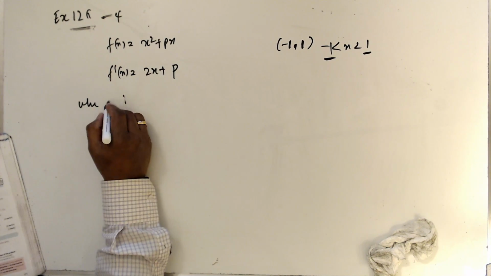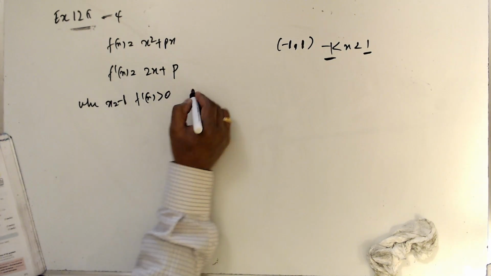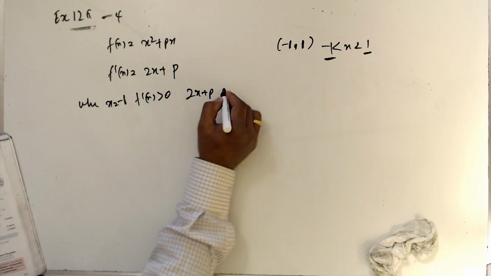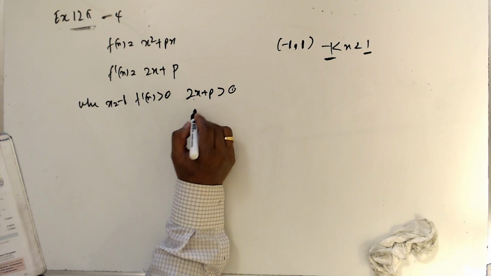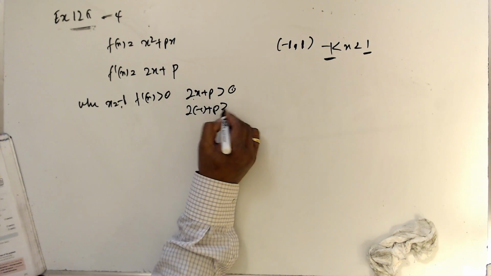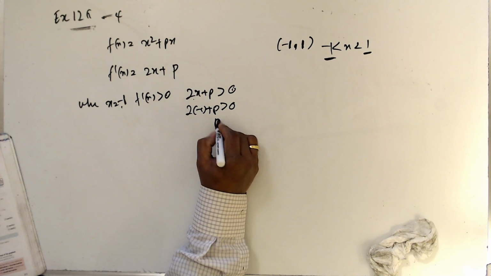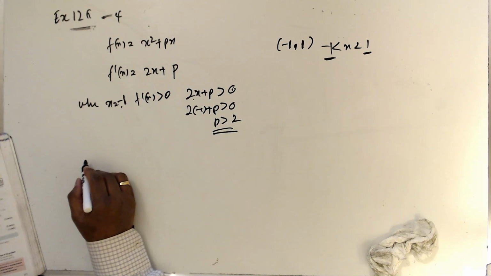So when x equals minus 1, f dash x is greater than 0. So 2x plus b is greater than 0. So x is minus 1, so 2 times minus 1 plus b, so b is greater than 2. Then we go to the right boundary.